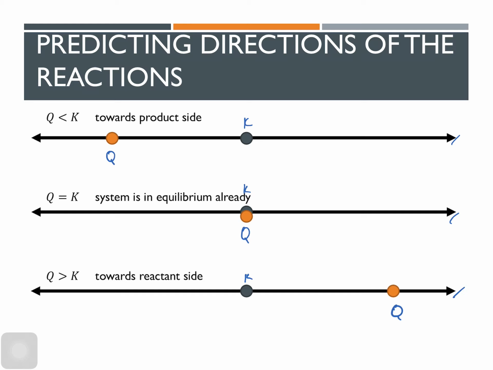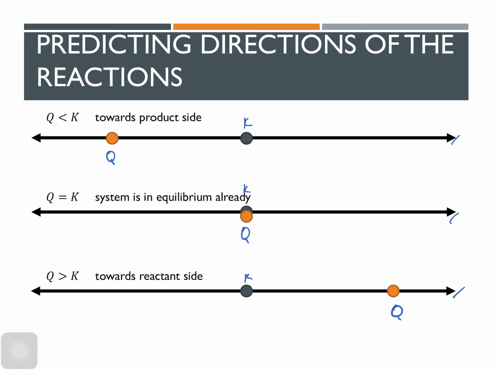If it happens that your Q is less than K, that means the ratio of the concentrations of your substances is less than what it should be. That means the reaction will proceed towards the product side.